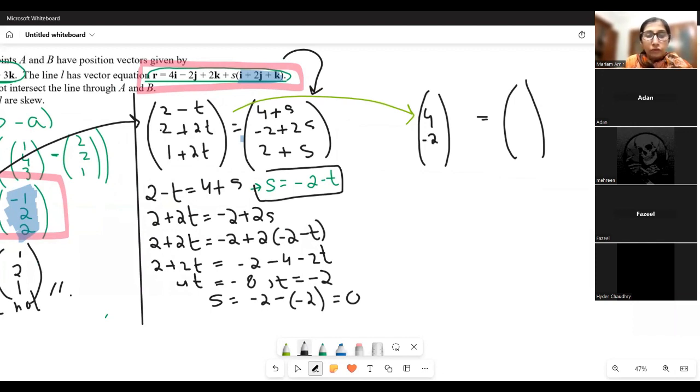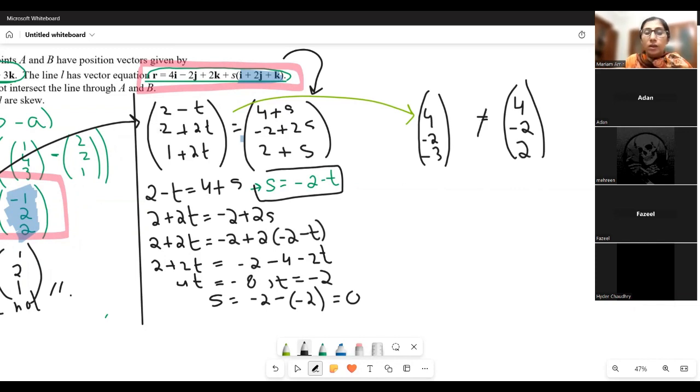And 1 plus 2t would be minus 3. Let me double check. t is minus 2. First one is 4, then it's minus 2, and then it's minus 3. Okay, now s is 0. So we get 4, minus 2 and 2.